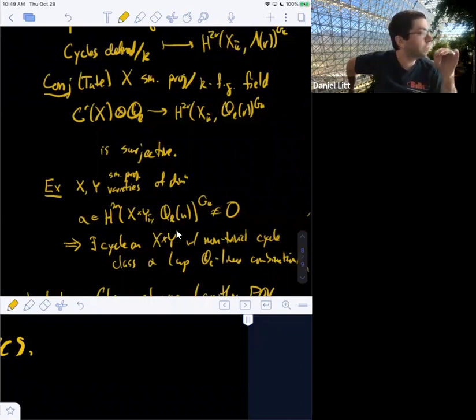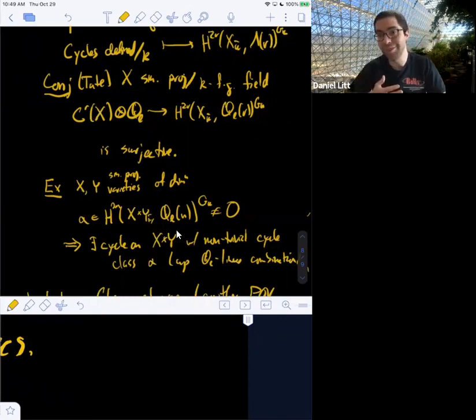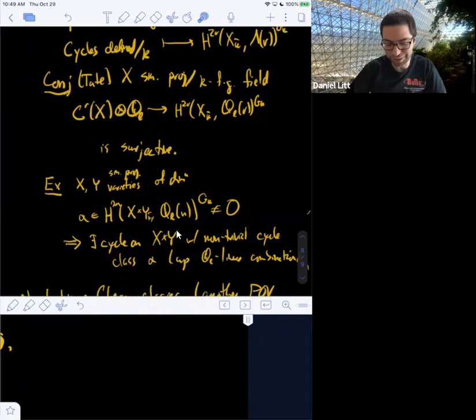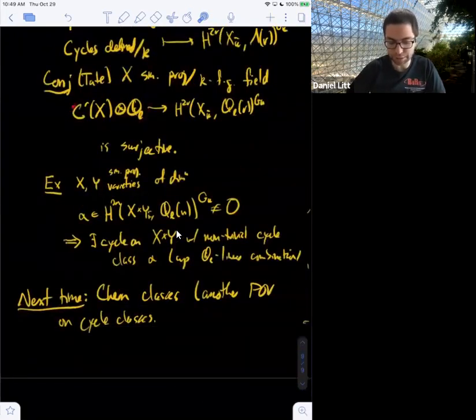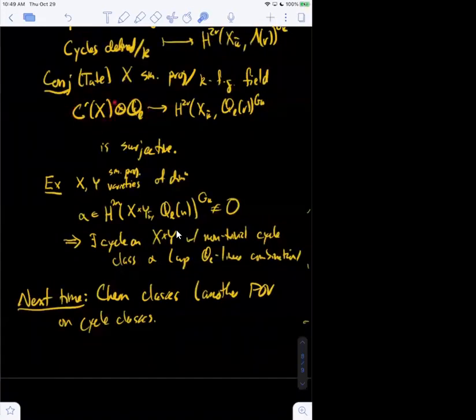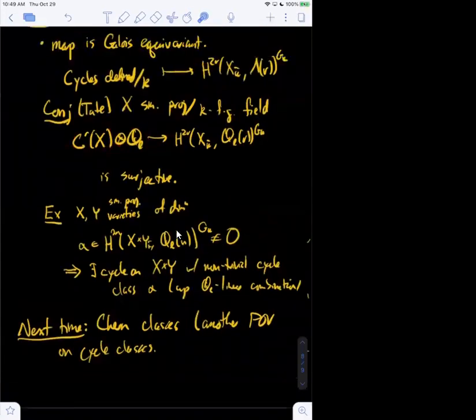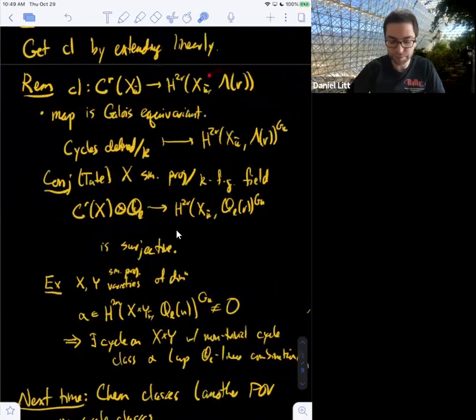What you can do, of course, is mod out by the kernel of this map, and it obviously passes through that quotient, and that also has a name. It's called homological equivalence. But there's a very jarring open conjecture, which is about the kernel of this map, where lambda is QL.